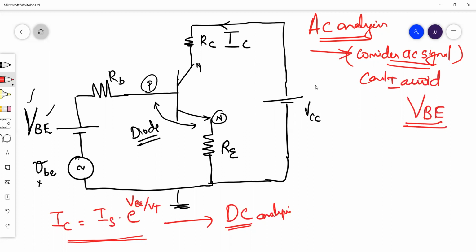But can I avoid this capital VBE, the DC voltage? Can you tell me? Yes or no?